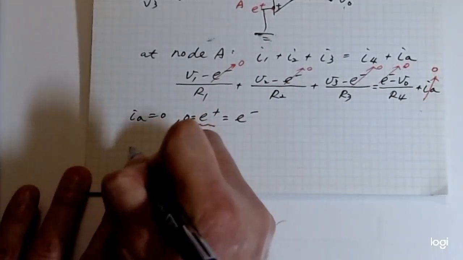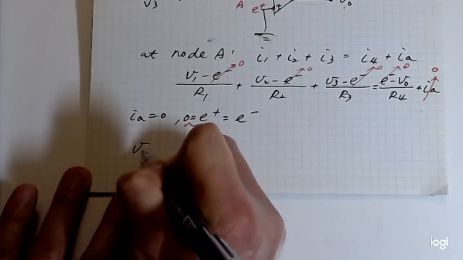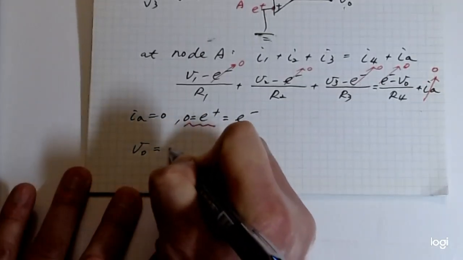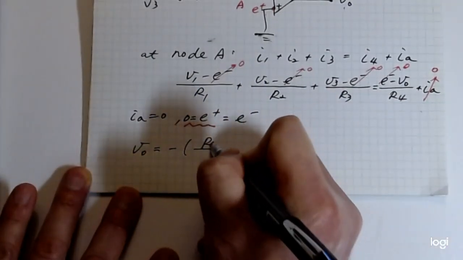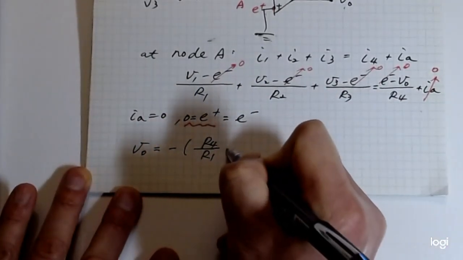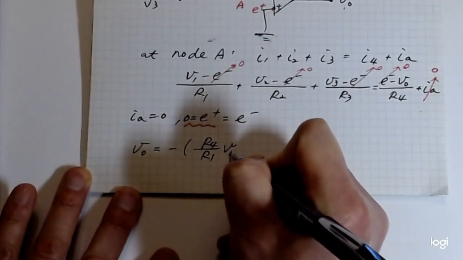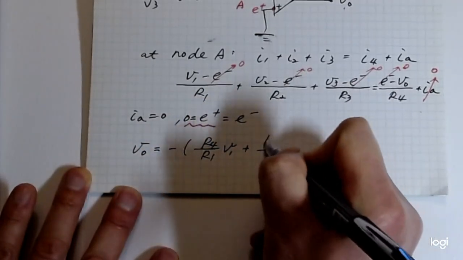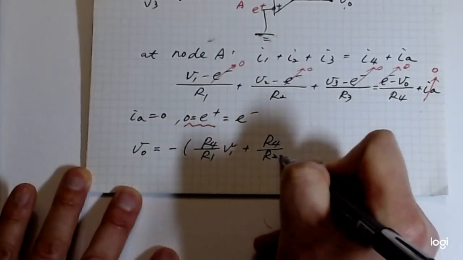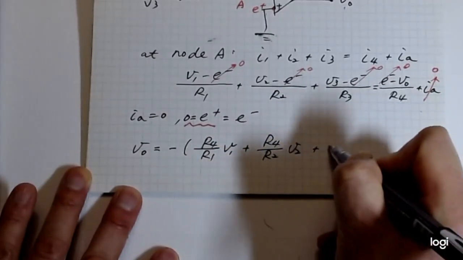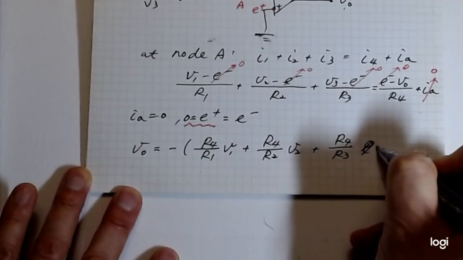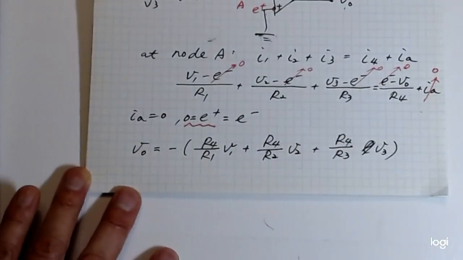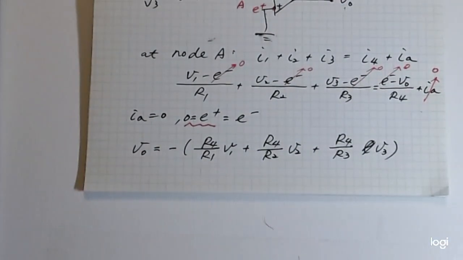We get VO equal to minus R4 over R1 V1 plus R4 over R2 V2 plus R4 over R3 V3.